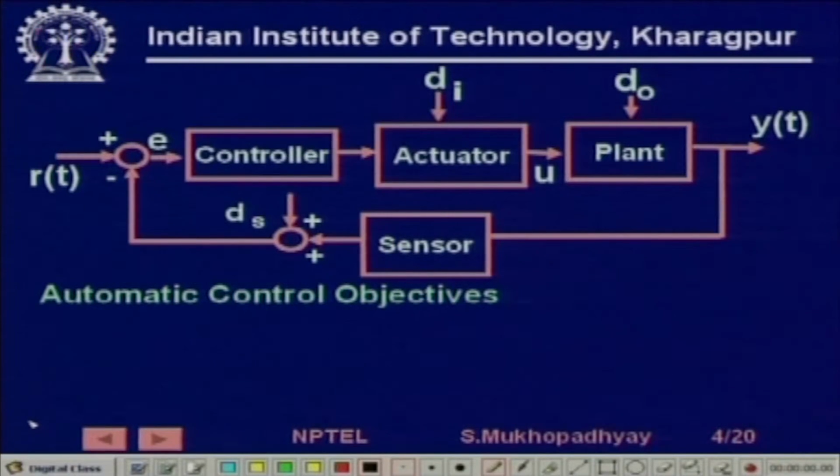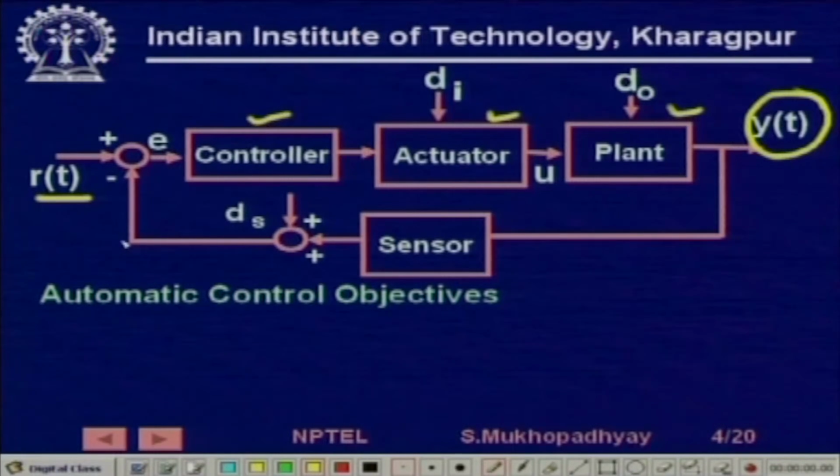Here is the set point, and this is the controller, this is the actuator, which as we have discussed increases the control energy and finally gives input to the plant. This is the plant itself, this is the output which we want to control, and this is the feedback through the sensor. This is what is known as the error.